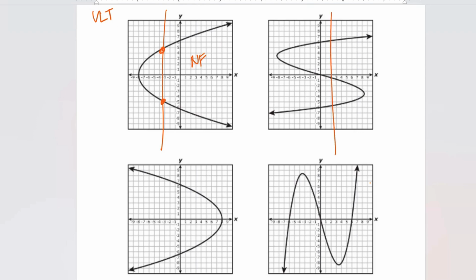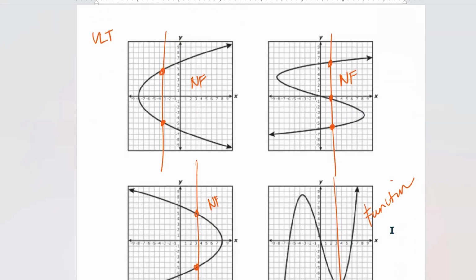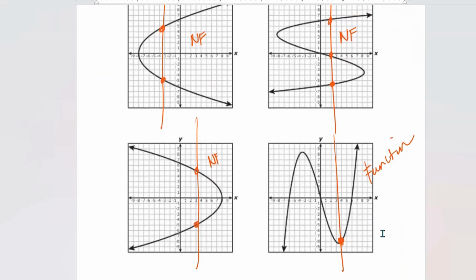Second graph, I hit 3 times: 1, 2, 3. Not function. Third, 1, 2. Not function. Last, only one. This is a function. So the answer here is letter D. There's no letter shown, but it's letter D. All right. Thank you for listening.